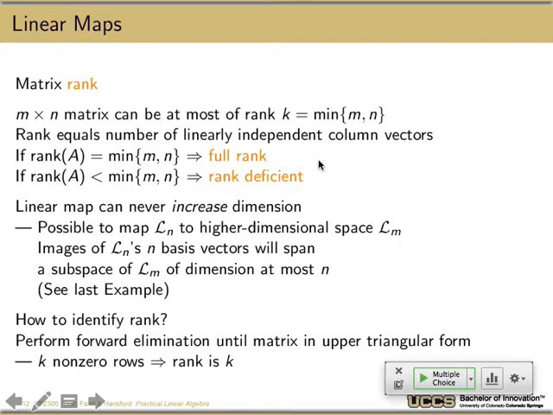A linear map can never increase the dimension, and it can't increase the rank. So I can map something to a higher dimensional space, but it can't actually increase the dimensionality of the subspace it works in. The last example we looked at: if I have 2 column vectors, so I'm mapping 2D to 3D, I can have at most a 2-dimensional subspace. Will I always have a 2-dimensional subspace?